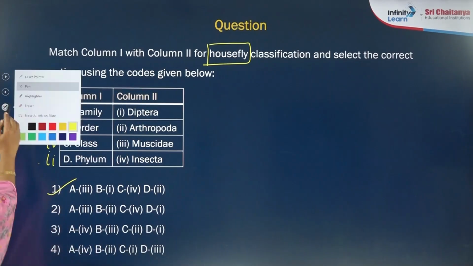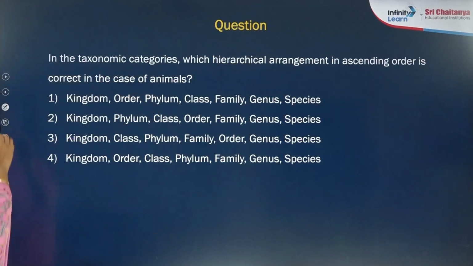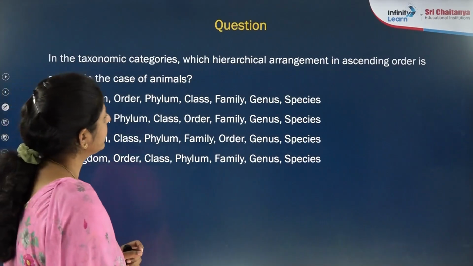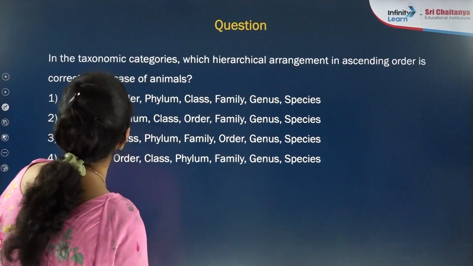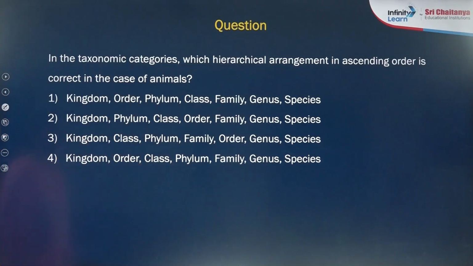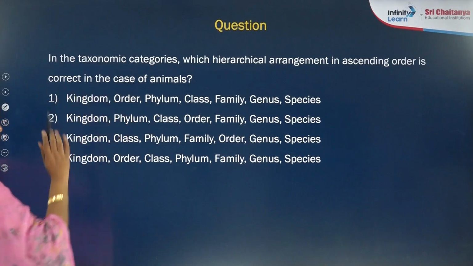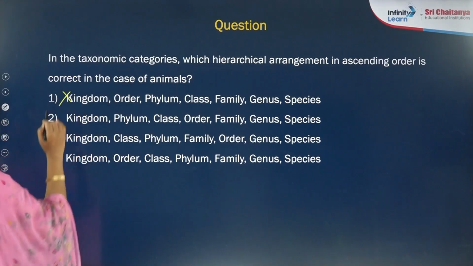Okay, now coming to the next point. Now they are asking, in the taxonomical categories, which hierarchical arrangement in ascending order is correct in the case of animals? So you should check that phylum must be given, and phylum is given in all. But now you have to see the correct order. After kingdom, order will not come, so this is not your answer.